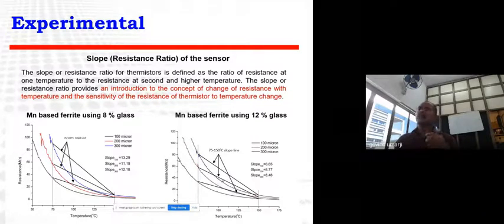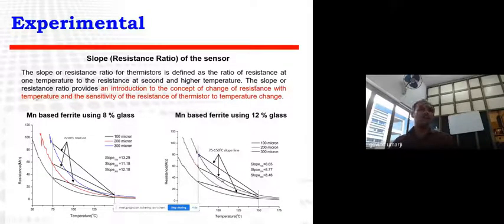There are typical parameters we have to define when we develop any thermistor. If we look at any commercial thermistor data sheet, they define the slope. The slope, we can say, is the resistance ratio of the thermistor, defined as the ratio of resistance at one temperature to the resistance at a second, higher temperature.